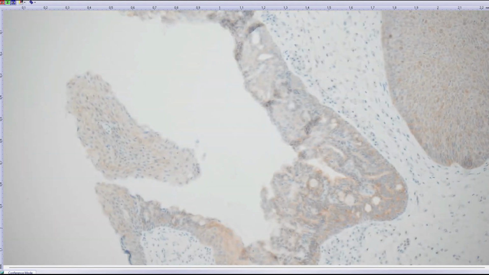But we found the same V600E mutation by genetics. Yeah. We have now 4 cases of this occurrence. It has never been published.